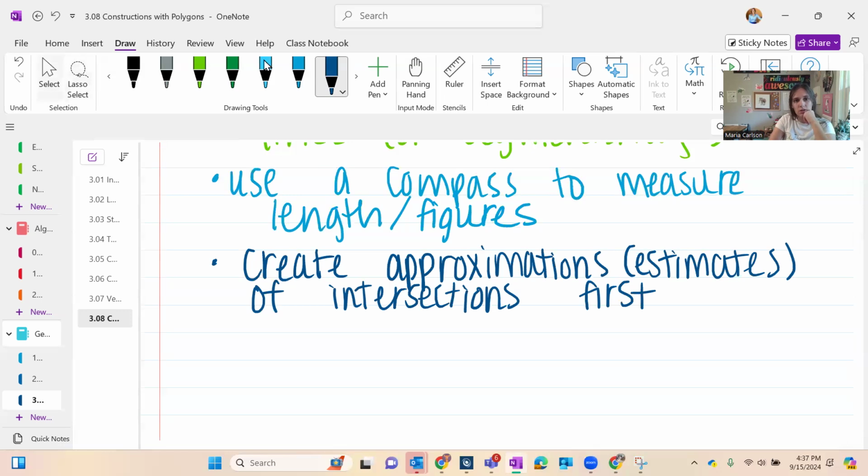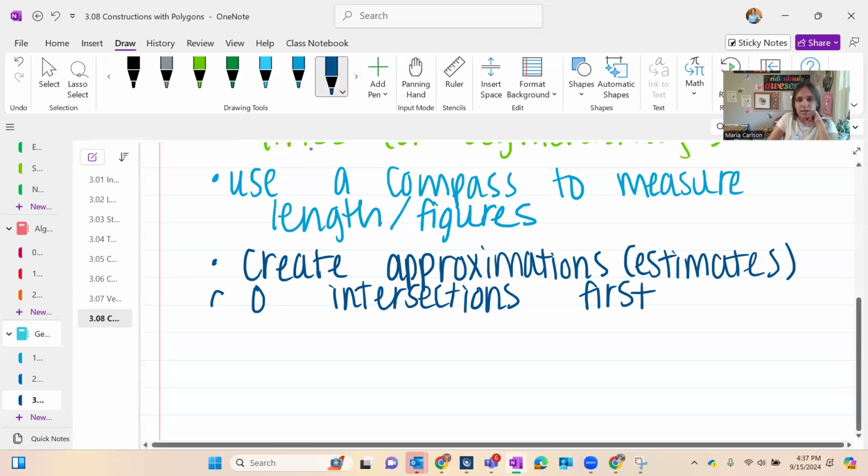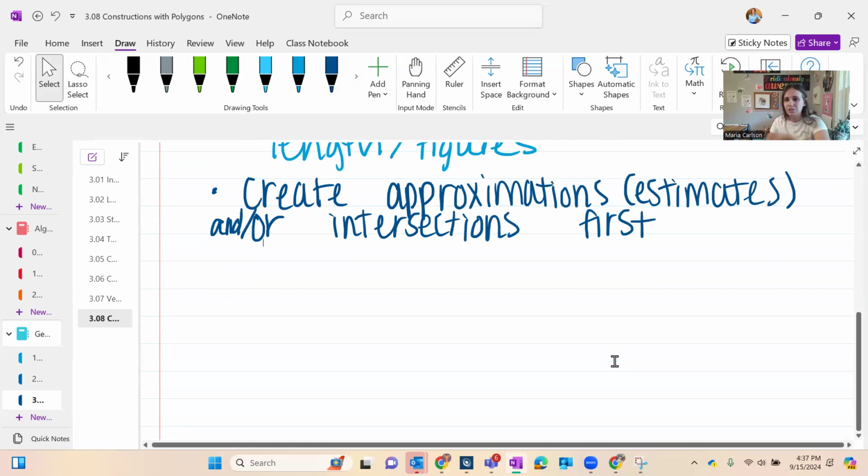And sometimes these aren't even necessarily intersections. Sometimes we're just creating approximations or estimates first. You can create rough guesses of what you are going to be constructing.